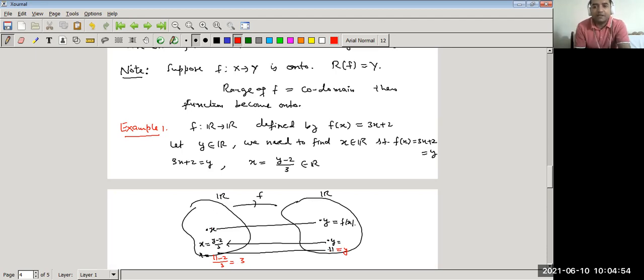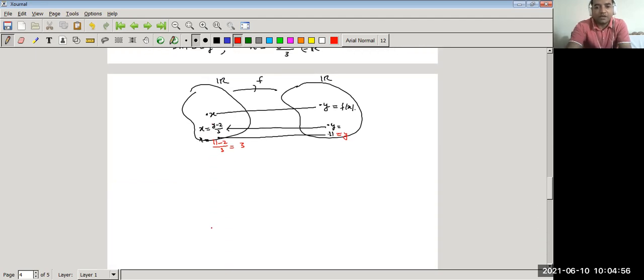Similarly, you can take any real number, and corresponding to that real number, if we are able to find an element x in the domain, and f of x is equal to y, then the function is said to be onto.